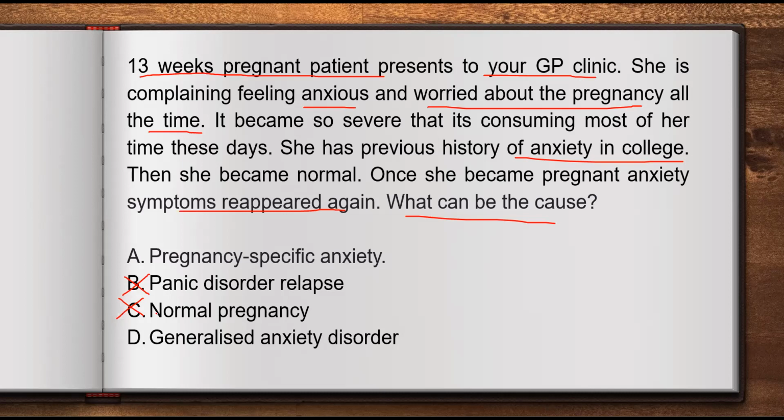What is panic attack? It's a very transient episodes of feeling severe anxiety, chest pain, shortness of breath, choking sensation, smothering sensations, sweating, trembling, or you can say even feeling perioral numbness. Okay, all these features, which is usually like 10 to 15 minutes in duration, and then it becomes really normal. That's panic attack.